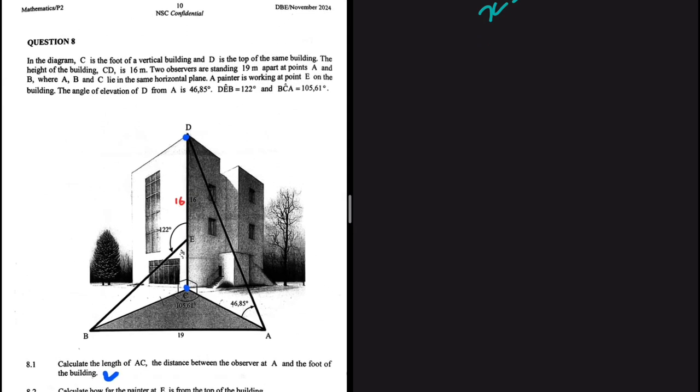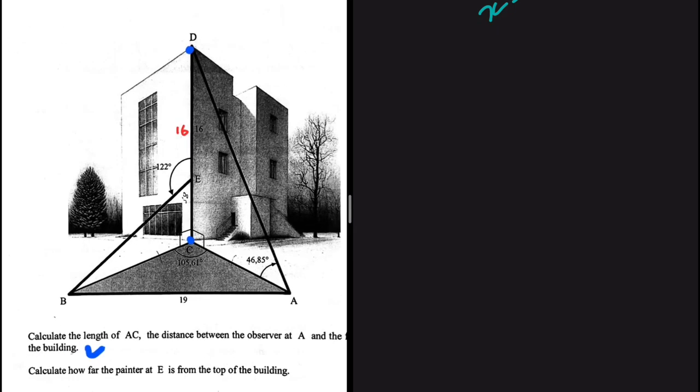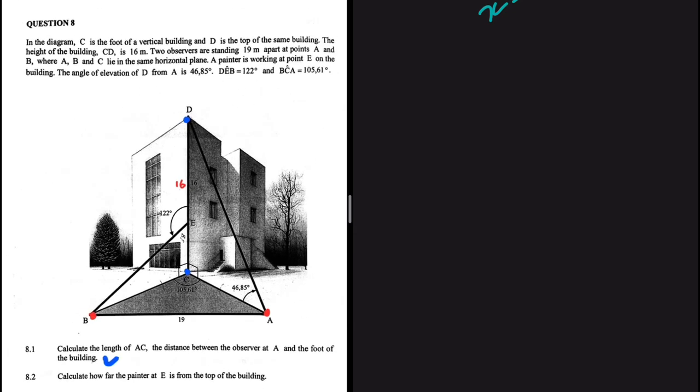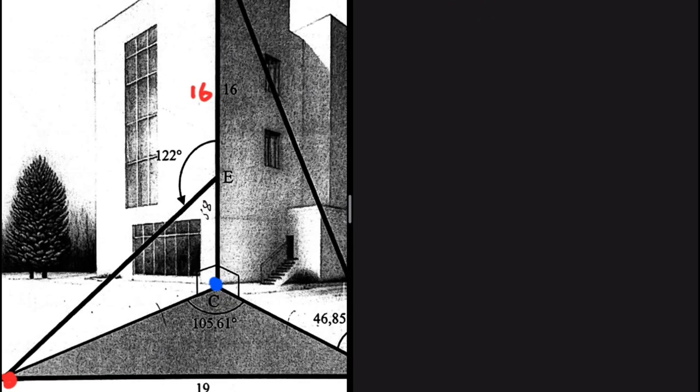And then the two observers are standing 19 meters apart at points A and B. So we have an observer at A and another one at B. They are 19 meters apart. A, B, and C lie on the same horizontal plane. A painter is working at point E, somewhere here.